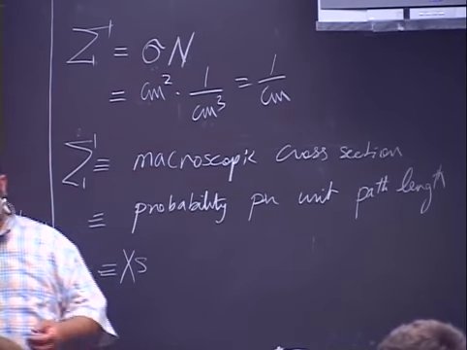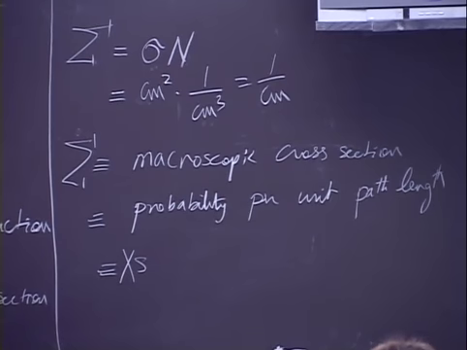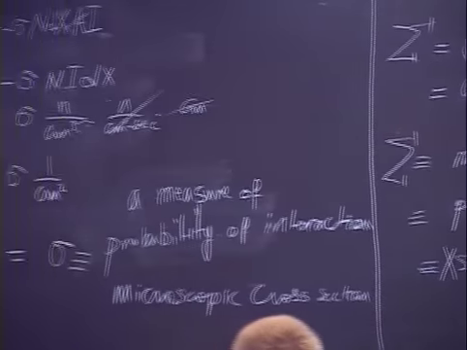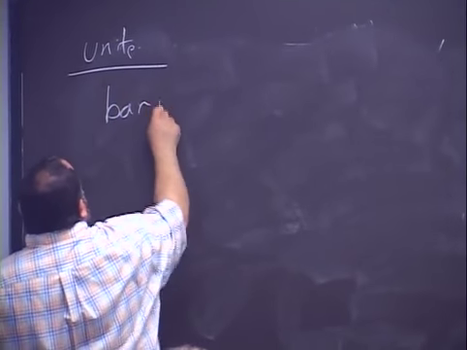So when you talk as a nuclear engineer with your friend in a nuclear reactor, usually when you talk about sigma, we said that the unit is centimeter square. So instead of telling you that the unit is 10 to the power of minus 23 or 10 to the power of minus 19 or minus blah, blah, blah, they invented a unit for nuclear cross-section, and this unit is called barn.